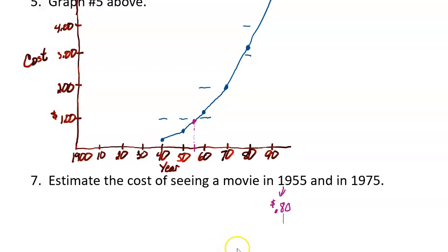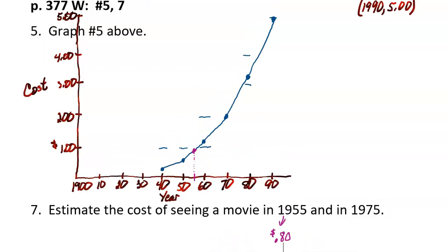Now what about in the year 1975? Find where 1975 is along the x-axis. It's going to be right here, halfway between the year 1970 and the year 1980. Now go straight up from that spot. Don't go slanted. You got to go straight up, and you'll hit the blue line. Now, what is the y value of that dot?